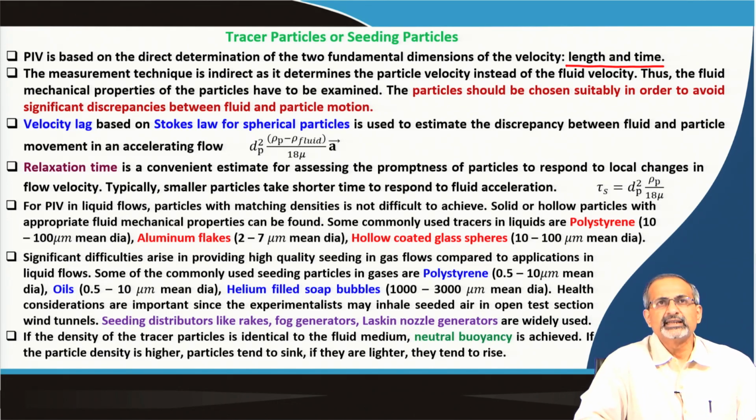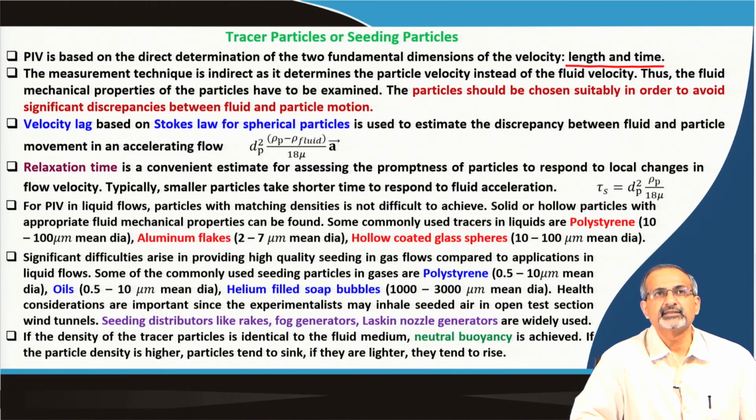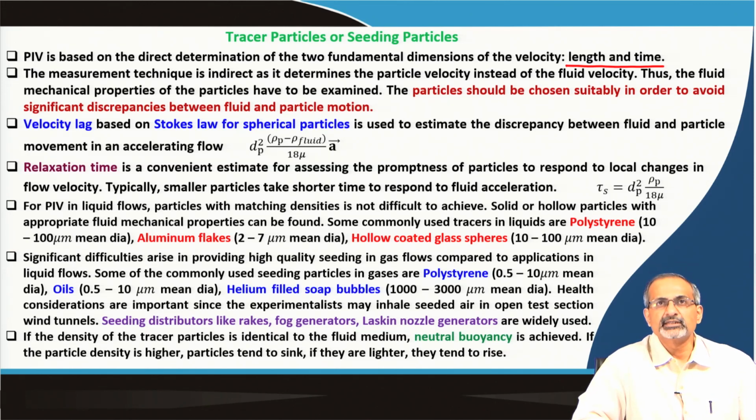Now, the measurement technique is indirect because we do not measure the flow velocity directly, but we measure the movement of the particles, and thereby we obtain the information about the flow velocity. It makes it imperative that the particles should be chosen suitably in order to avoid significant discrepancies between fluid and particle motion.